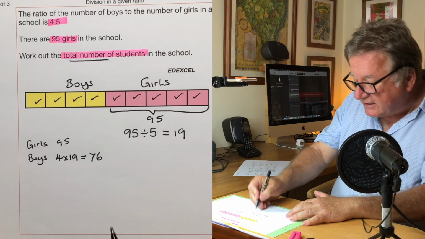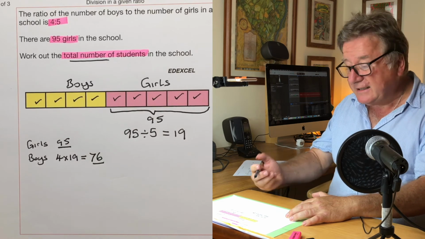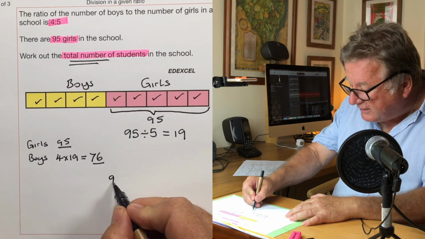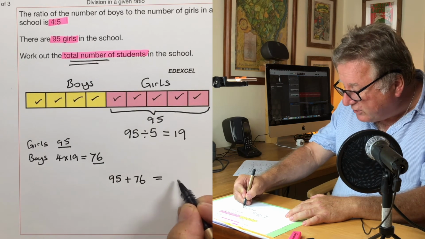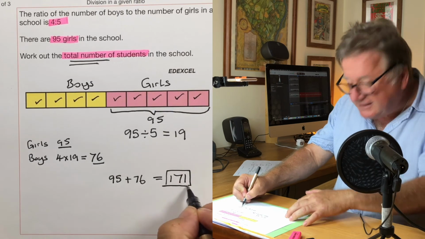So 76 boys, 95 girls. The question is asking us for the total number of students. So I need to show 95 plus 76 is equal to 171. And that's my final answer.